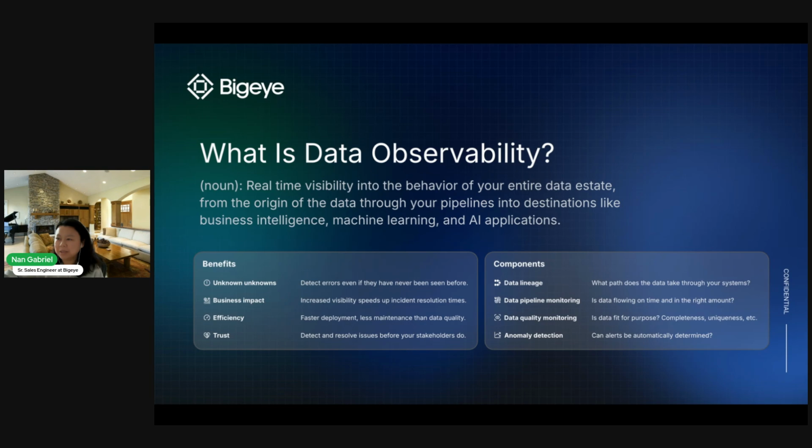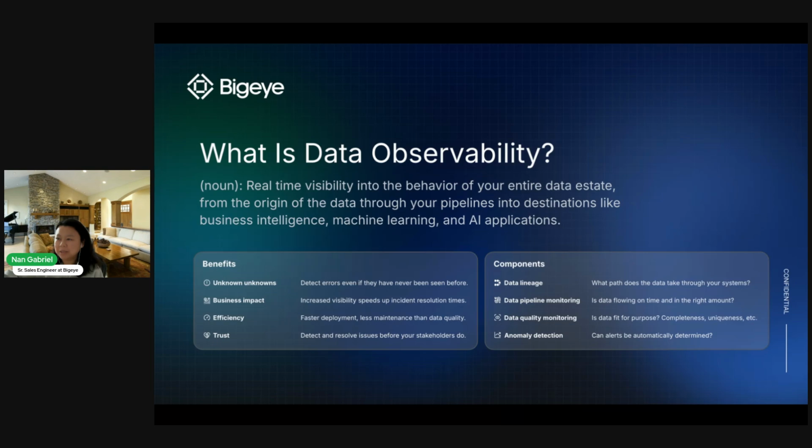What is data observability? From Bigeye's perspective, data observability is about having real-time visibility into how your data behaves end-to-end. On the left-hand side, you will see the business benefits: insight, business impact, efficiency, and ultimately this builds trust.